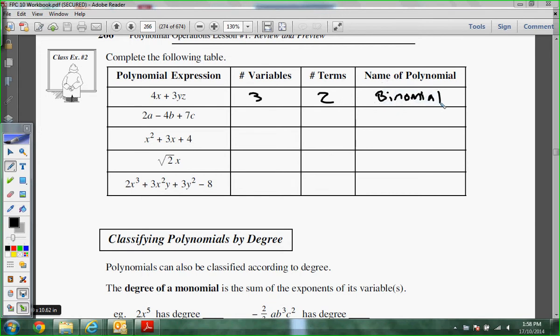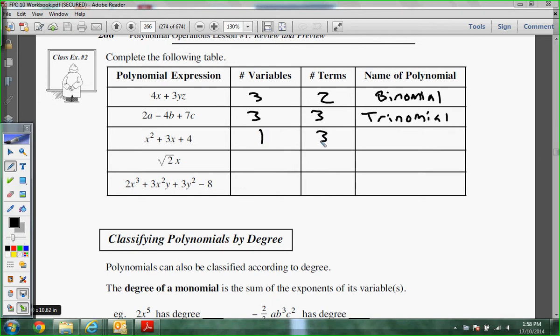Okay, good. Okay, Brandon, this one? 1, 2, 3, good. Terms, and you call it a trinomial. Good. Okay, Xander? How many variables? 1, good. How many terms? Good.